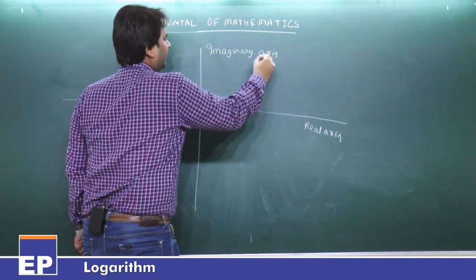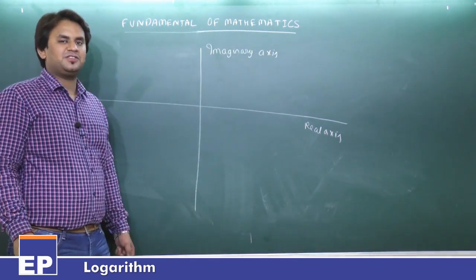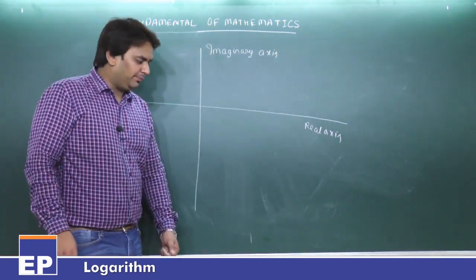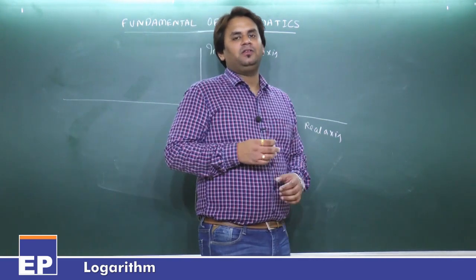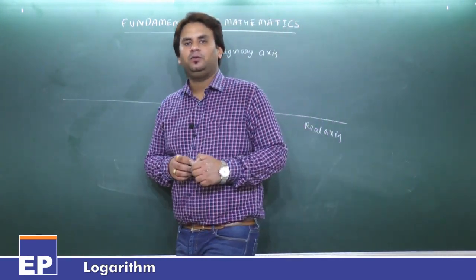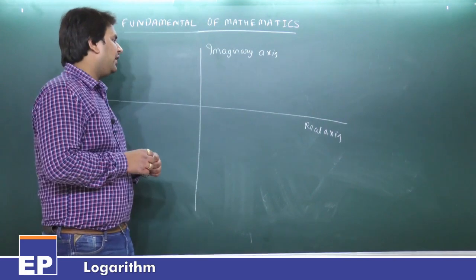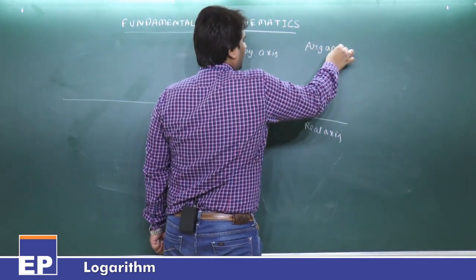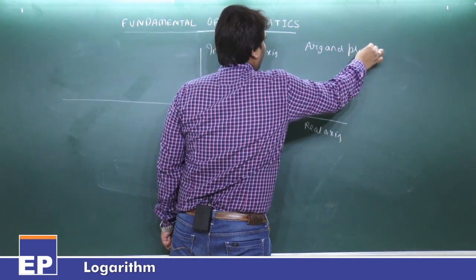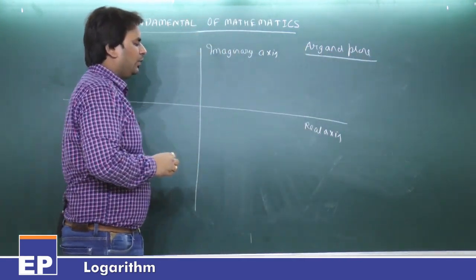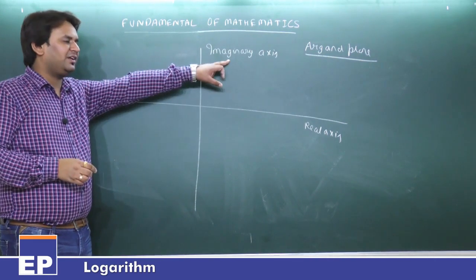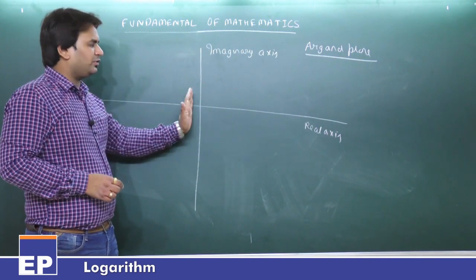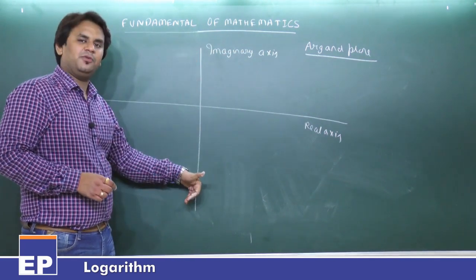In coordinate geometry we studied two axes, the x-axis and y-axis, and the x-y plane is called the Cartesian plane. Here it is called the Argand plane. In the Argand plane there are two axes, the real axis and the imaginary axis. This is the positive real axis, this is the negative real axis, this is the positive imaginary axis, this is the negative imaginary axis.